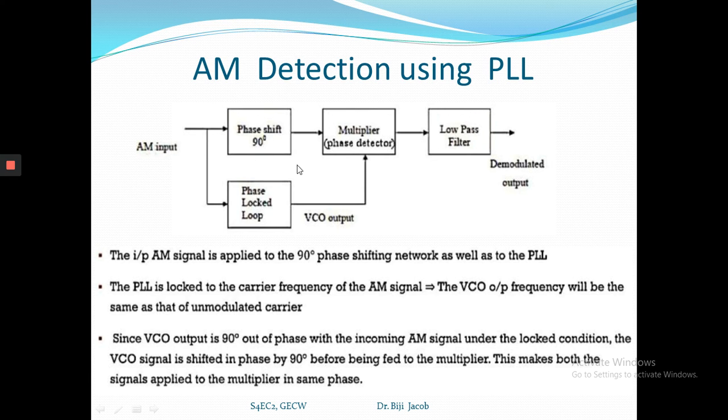Then the original AM signal shifted by 90 degrees is multiplied with the carrier signal recovered using the PLL, using a multiplier. Then if you pass it through a low pass filter, you will be getting the demodulated AM. It's a basic use of a PLL as a coherent AM detector.